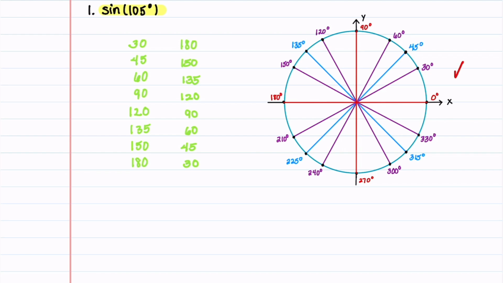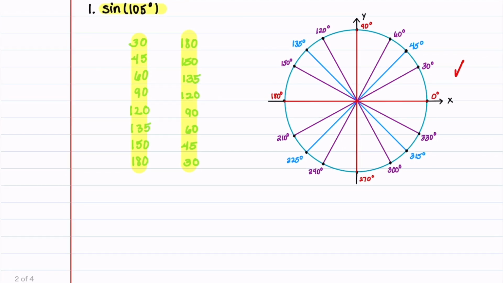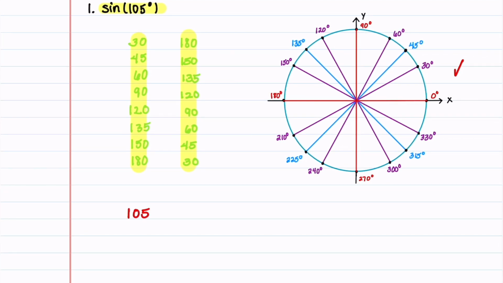I've found that to choose the two angles, it helps to first write down a list of known angles on the unit circle, going from 30 to 180 degrees, and then from 180 to 30 degrees. We can use the list on the left if we're adding angles, and we can use the list on the right if we're subtracting angles. We'll begin by writing 105 degrees as the sum of two angles.